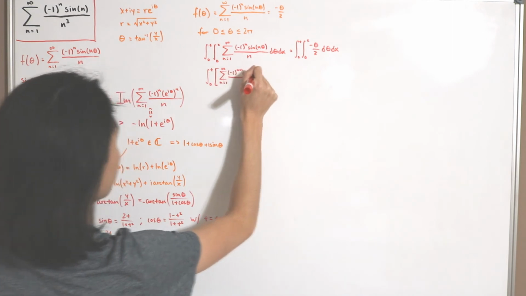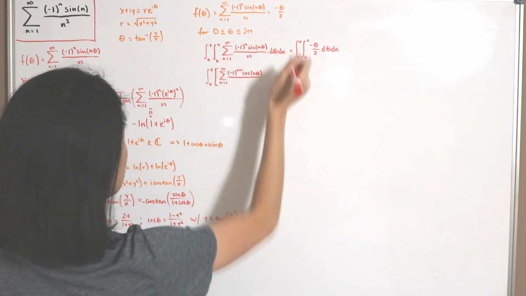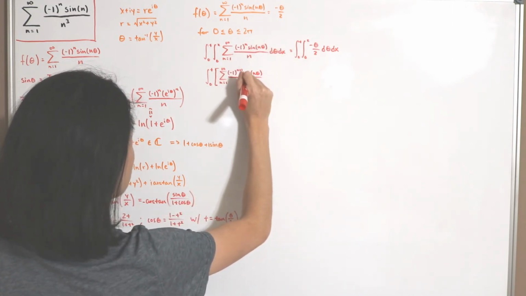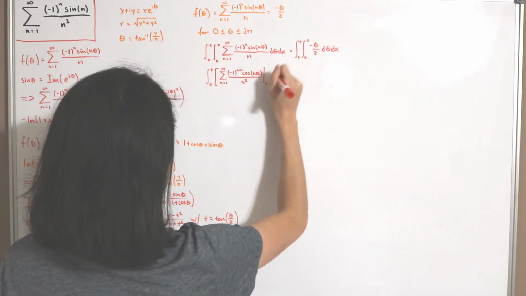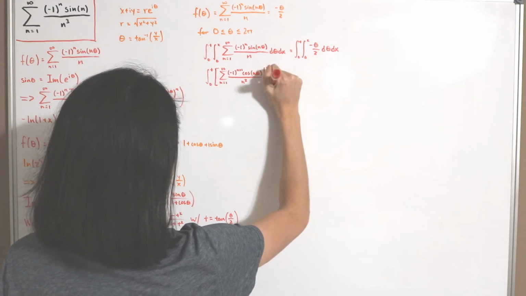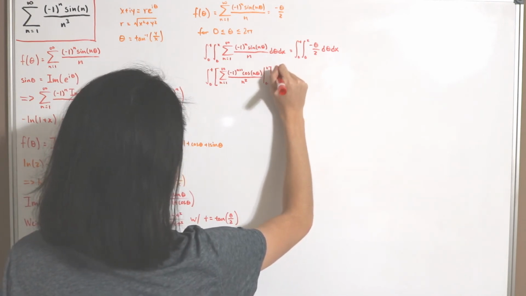And then using u substitution, you're supposed to get an n in the denominator a second time as well. And this is going from 0 to x, and then dx.